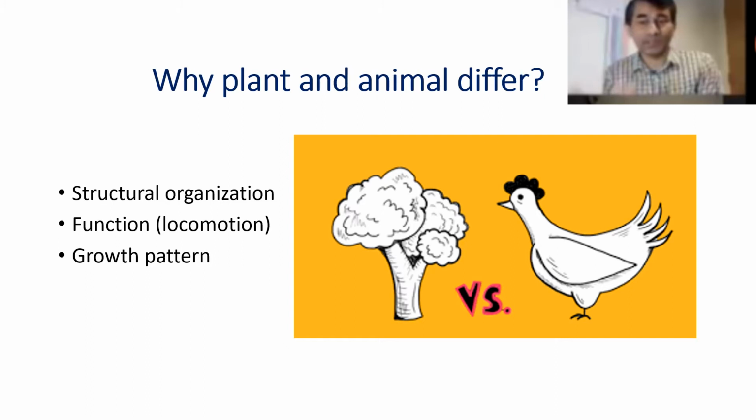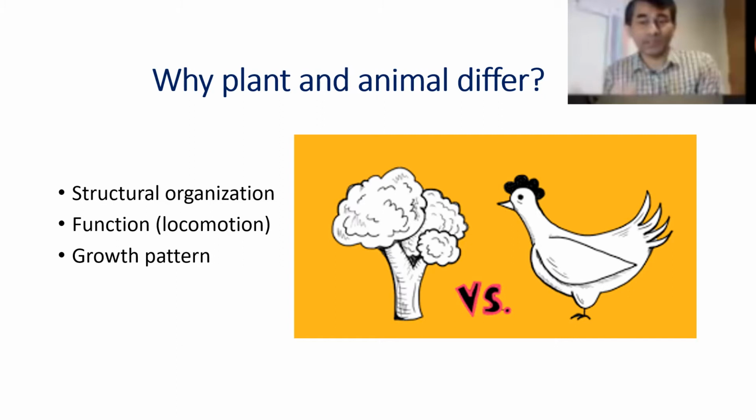Human beings have to create their own food. They have to cultivate the plants, cultivate the fruits and vegetables, make them, prepare them, and eat. So we have to move. We have to find work. We have to find our partners. We have to protect ourselves. So we move. That needs extra energy.